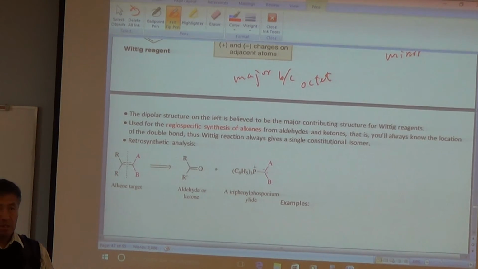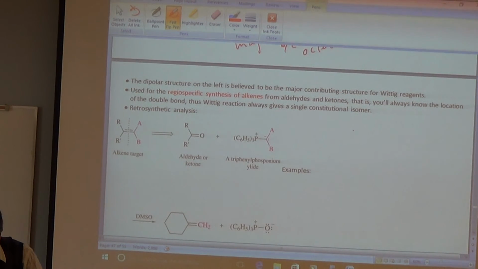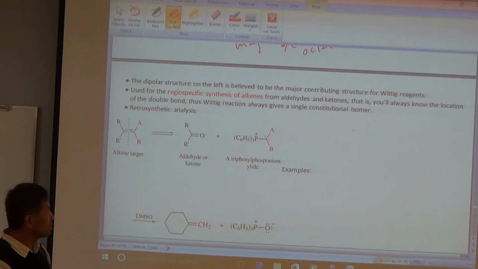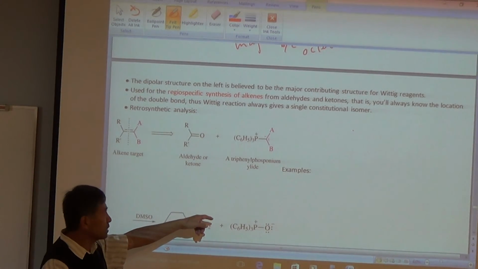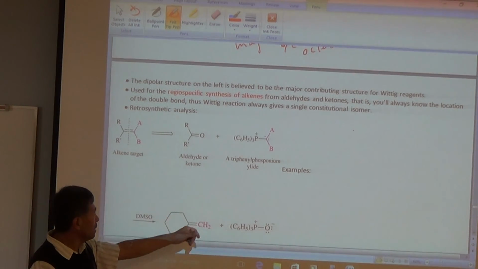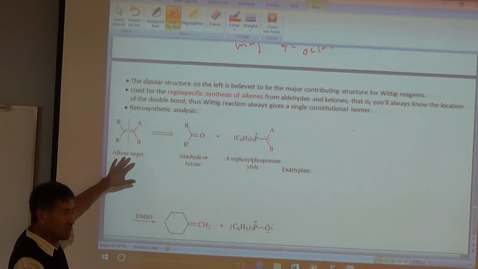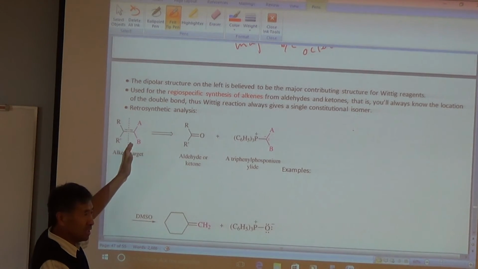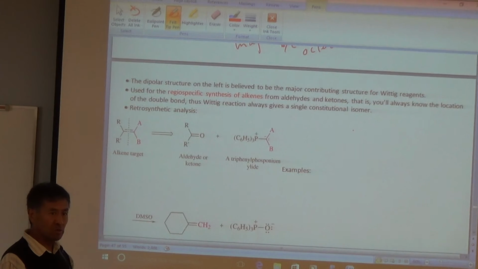Similarly here. So you will specifically know where you produce the double bond. If you want to produce a double bond, you can do a retrosynthetic analysis. Say you want to produce a double bond like this. Now we know this ylide adds onto the carbonyl, which will be the aldehyde or ketone, and gives you specifically this kind of arrangement. So you know where the double bond is, and which side is on which side.